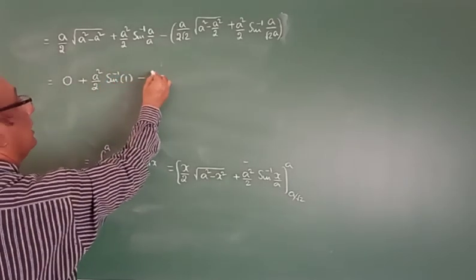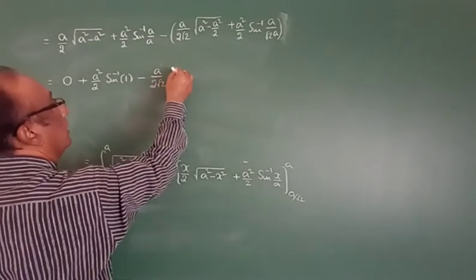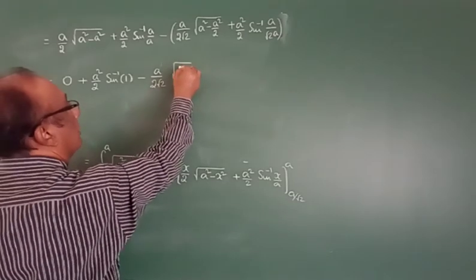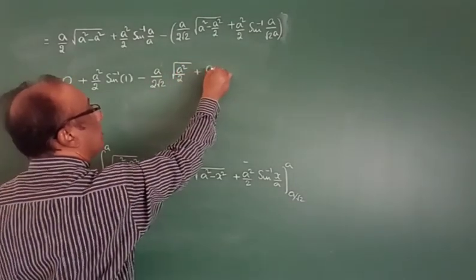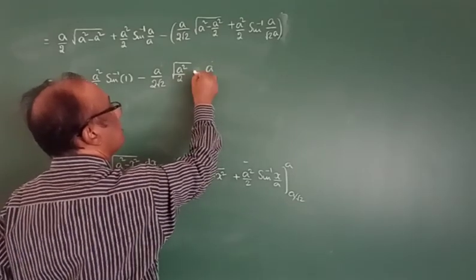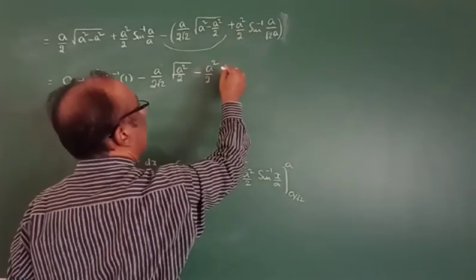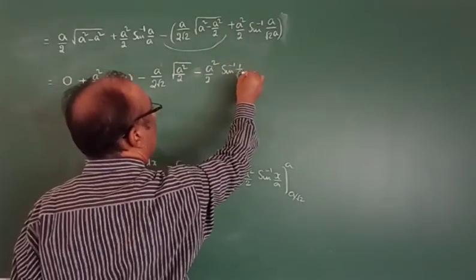Then a by 2 root 2, root over a square by 2 plus a square by 2 minus, and sin inverse of 1 by root 2.